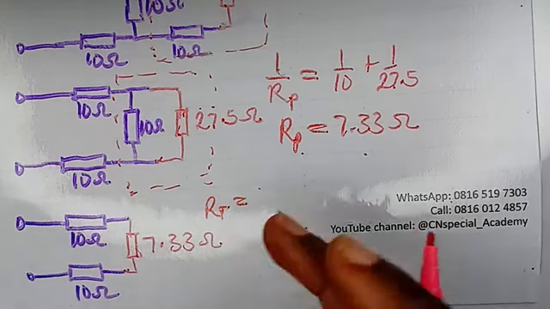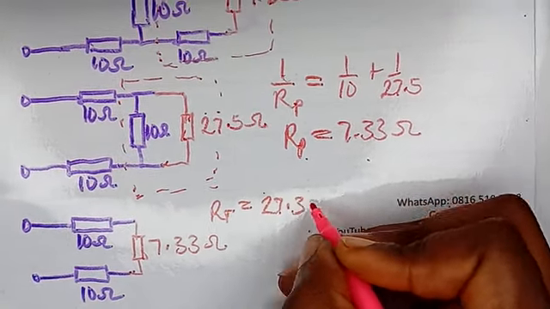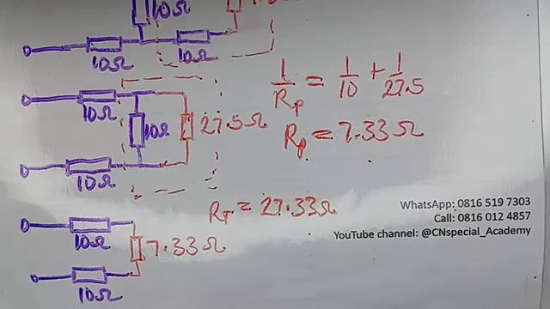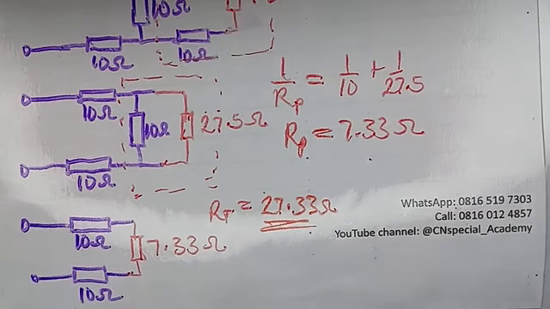So that is 20 plus 7.33, which is 27.33 ohms. Finally, what we just have to do is neglect the very long process and focus on understanding each of our minute steps.